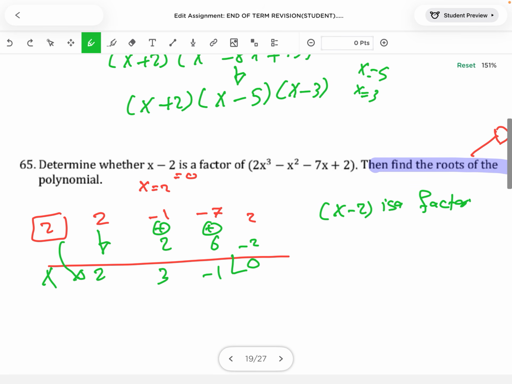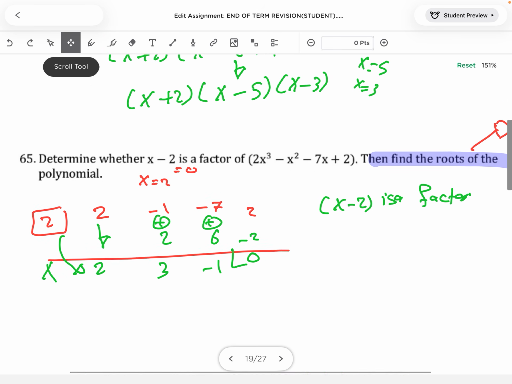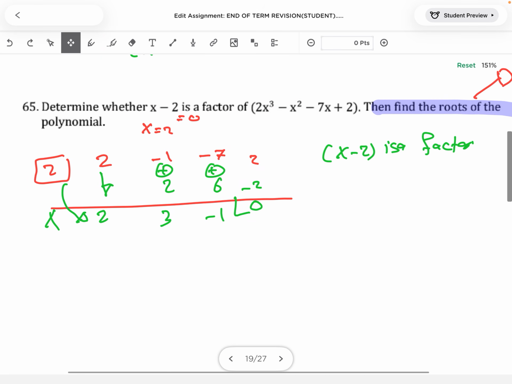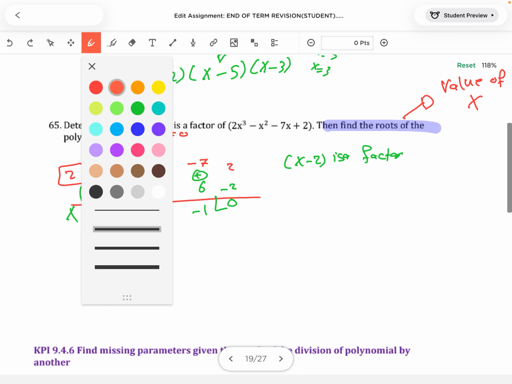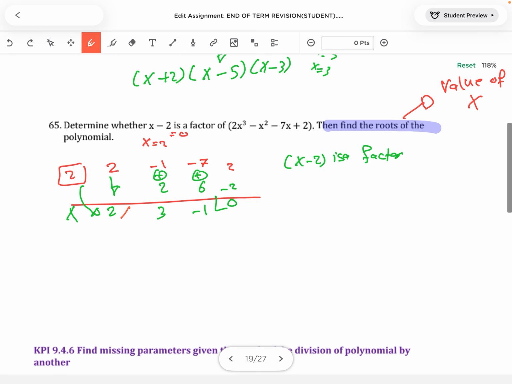Then what did the question ask me to do? The question is asking me to find the remaining factor. So I will do like what I did. The highest power was power 3, so this is power 2 and this is power x. So I have x minus 2, the beginning one, and 2x squared plus 3x minus 1.